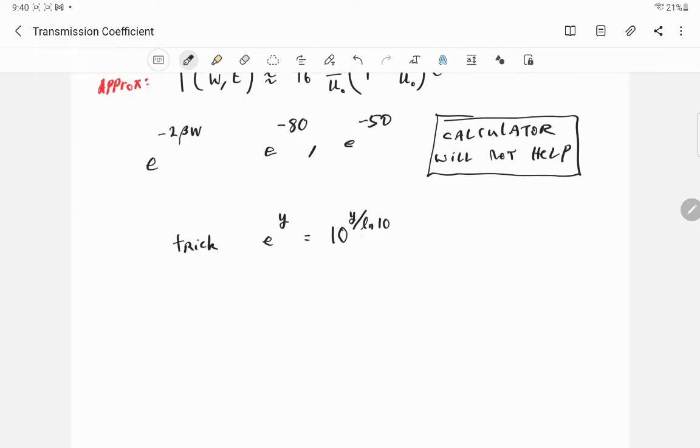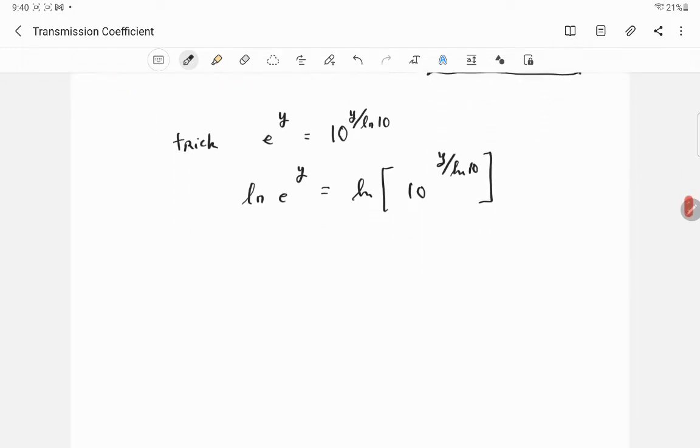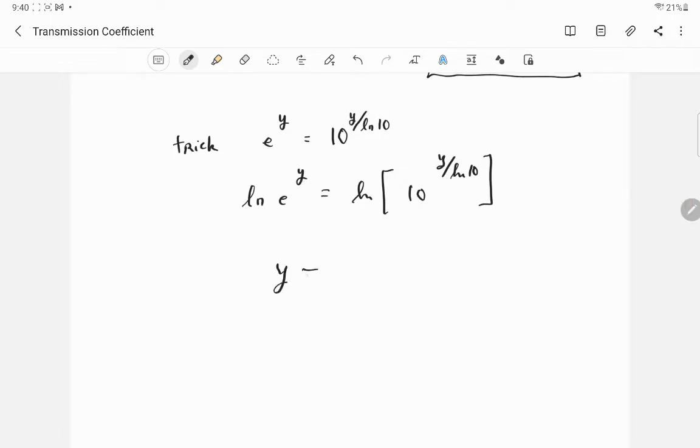So let's assume it's true and take the natural log. So the natural log of e to the y equals the natural log of this thing, 10 raised to the y over the natural log of 10, right? And the natural log of e to the y is just y, because the natural log and the exponential are inverse functions, so they undo each other and spit out the argument.